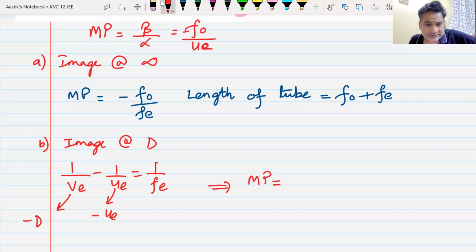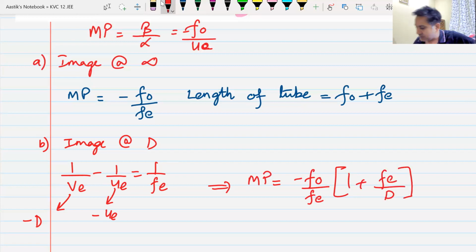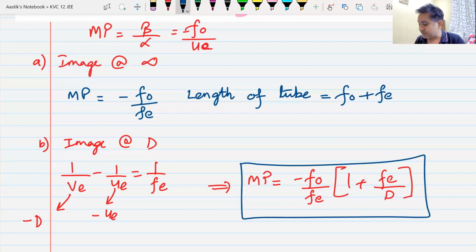I don't have to do all of this. I will end up with this formula, and this formula looks something like the previous formula, but the terms have been reversed a bit. So remember, the terms have been reversed a bit. So be careful about the two formulae. You will have to remember them, because if a question comes, it would be a direct question based on this.